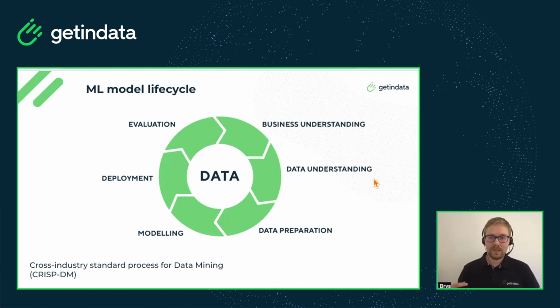So on top of that experience with the researchers team, a few big companies gathered in the consortium that joined forces to build a universal data mining framework called Cross-Industry Standard Process for Data Mining, and the acronym is CRISP-DM. So that process, that framework, explains the machine learning model life cycle.